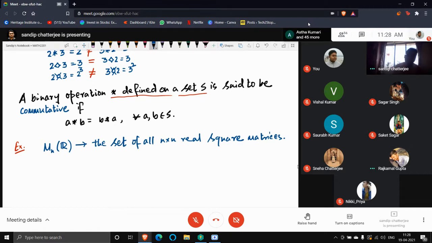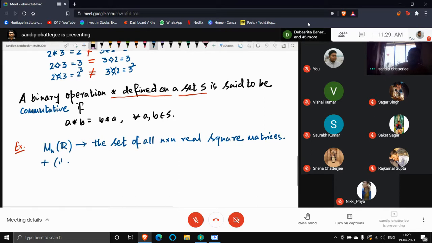So addition and multiplication of two matrices are binary operations here. If I consider addition of two matrices, will that be commutative here? Yes, sir. Will that be associative? Yes, sir.